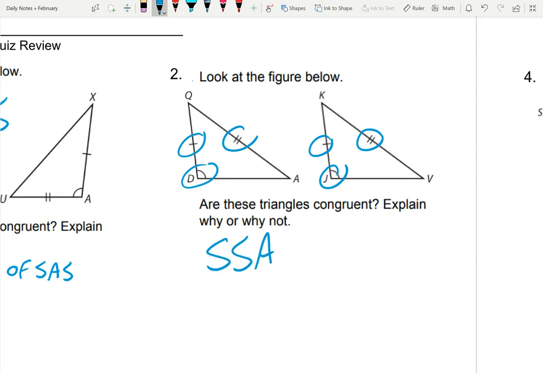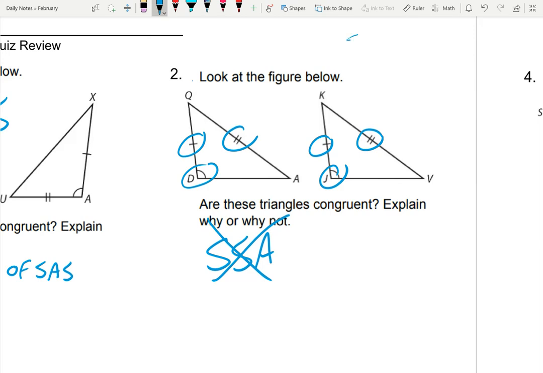However, side-side-angle or angle-side-side, however you want to put it, is not one of the congruence postulates, if you will. So it seems like they're congruent because they have everything matching and lining up, but you have to remember side-side-angle or angle-side-side is not actually a provable congruence. It's not enough information. It's not one of the 4 major ones that we talked about.